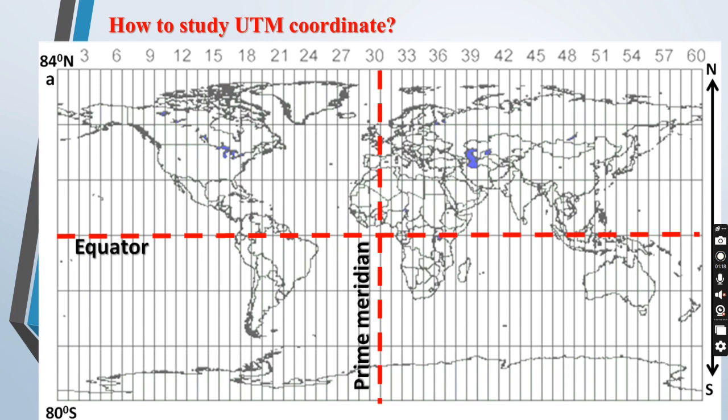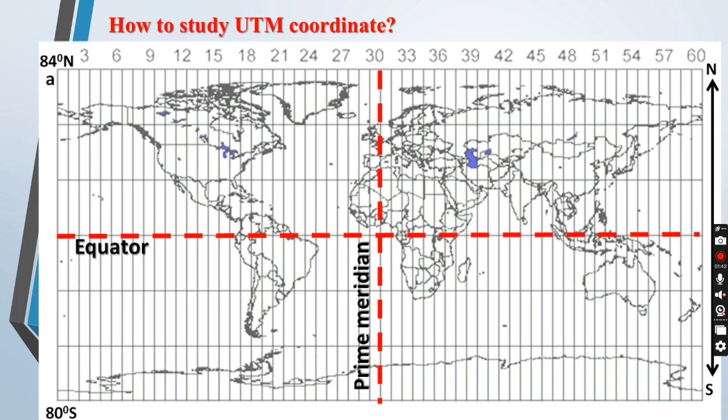So each longitude division comprises 20 latitude bands from 80 degrees south to 84 degrees north latitude. The first question arises: why from 80 degrees south? The entire earth should have been covered, but no. I will come into detail why it is like that.